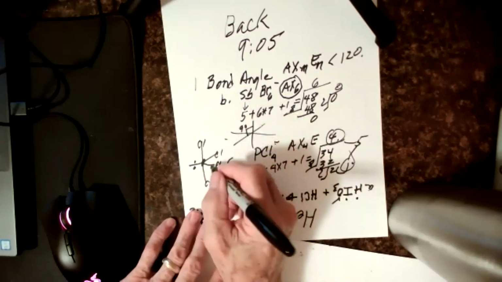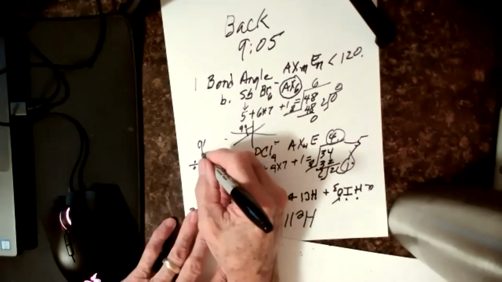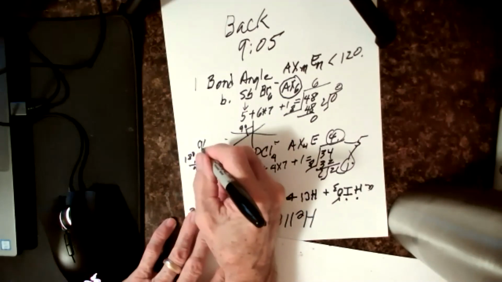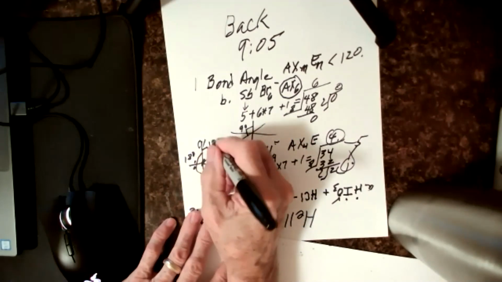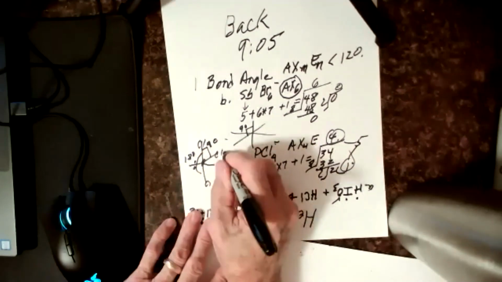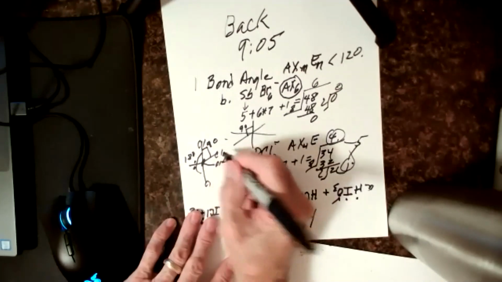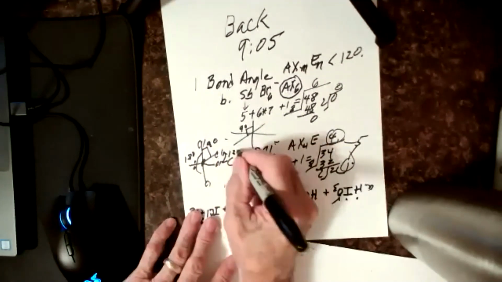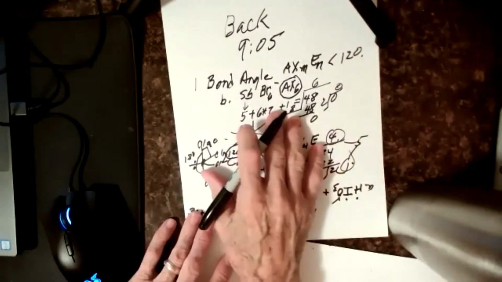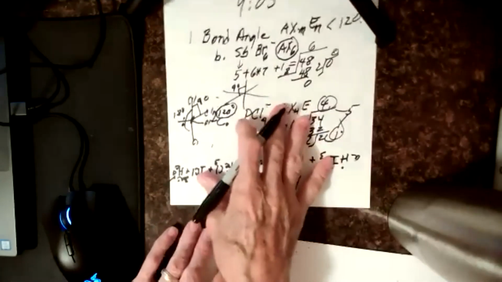And there are 2 kinds of bond angles. There's one that's 180. There's a bond angle right there. That's 90. And there's this bond angle right here. That's the one we're looking for. It's 120. So this molecule has a 120 degree bond angle.